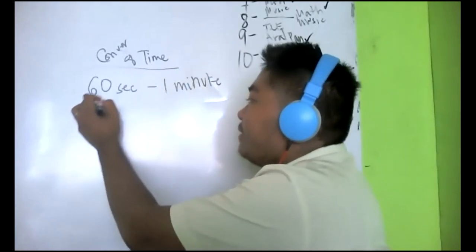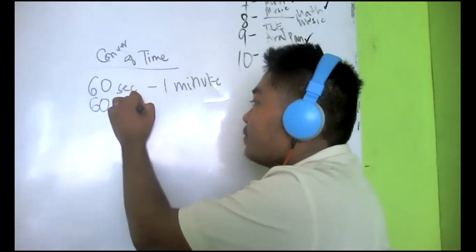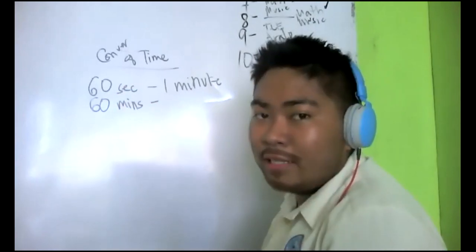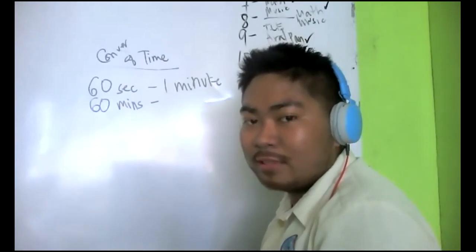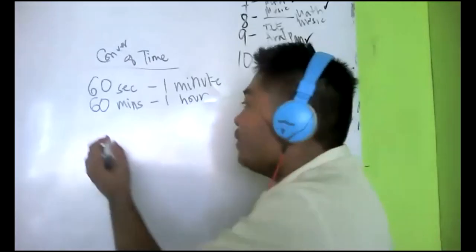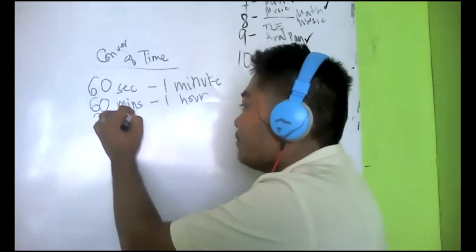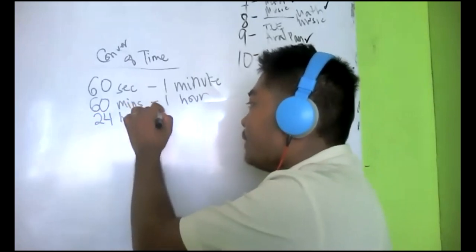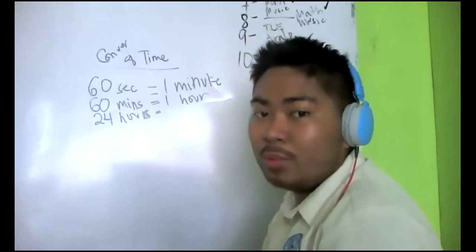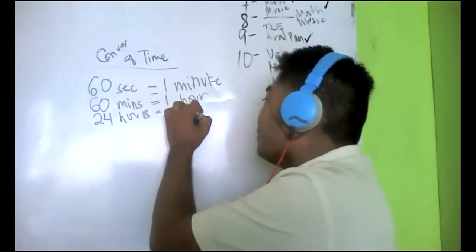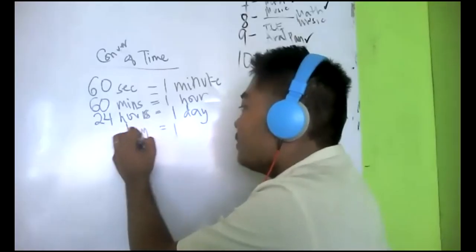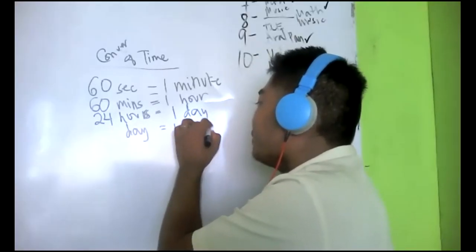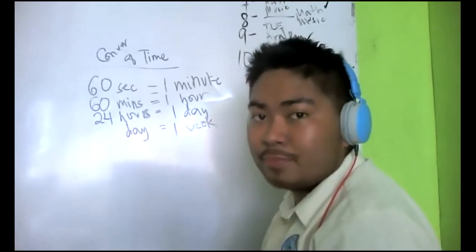If there are 60 minutes, how many hours? 1 hour. How about 24 hours? Equivalent to 1 day. How many days in a week? 7 days.